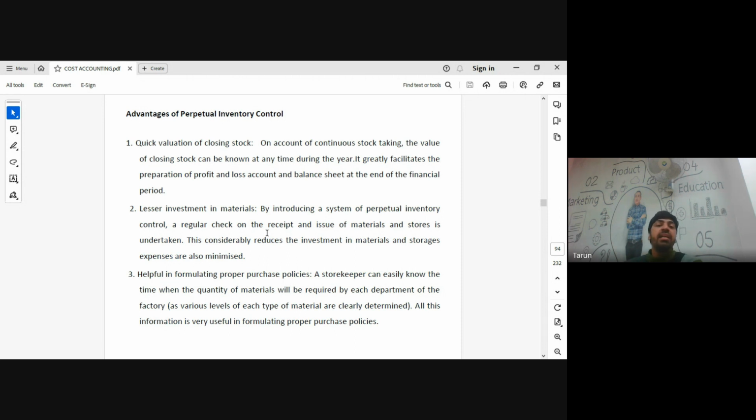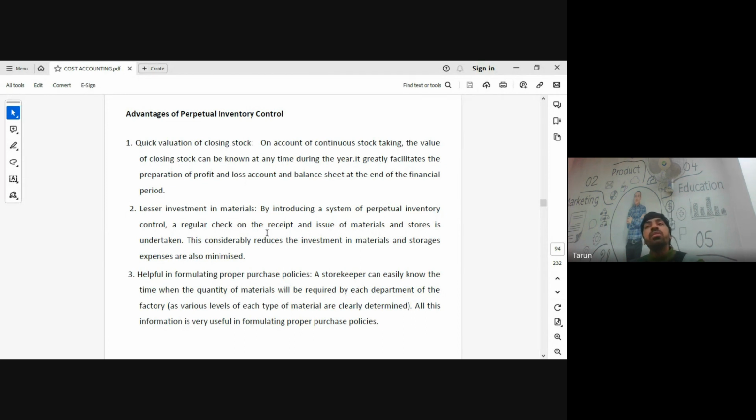Next one is lesser investment in material. Through this system, one of the advantages is that it requires minimum investment in the material. Why? Because through this virtual inventory method, there is a regular check of the materials with respect to receiving and issuing of the materials.